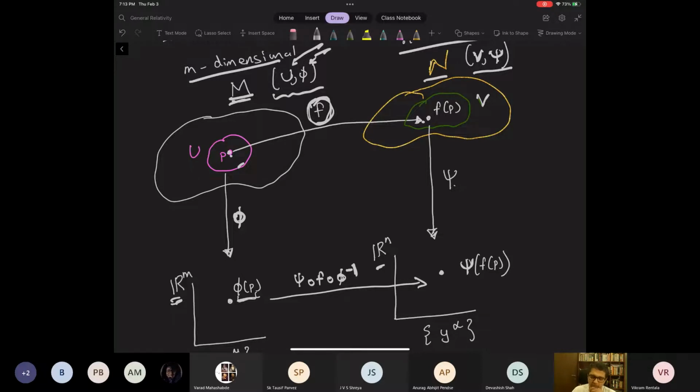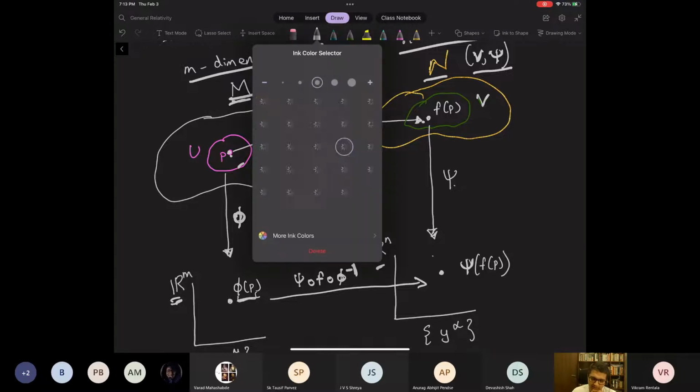So we have to define a notion of differentiability. Now, the obvious problem with trying to define differentiability in the usual way is that the manifold is an abstract space. The manifold is not Rm. It's locally homeomorphic to Rm, but it's not Rm. Similarly, the manifold N is not Rn. It is some other manifold which is locally homeomorphic to Rn.